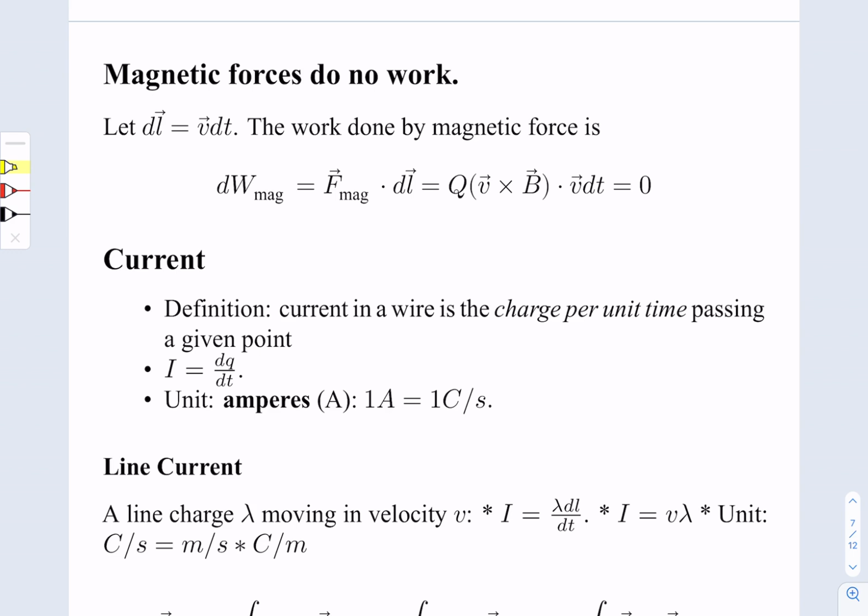In this time the work done by the magnetic force is F magnetic dot dl, and because this dl is along the v direction, the triple product can be rearranged to v cross v times B, and this term is always 0. So the final result is always 0.